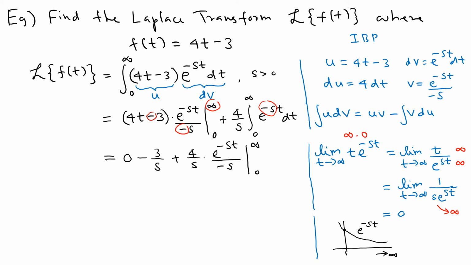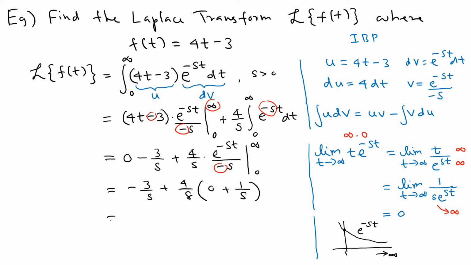So if you write them, we have negative 3 over s plus 4 over s. You're going to get 0 from the first one, then plus 1 over s. Why plus? Because this minus sign makes it plus. Now we're going to simplify them.